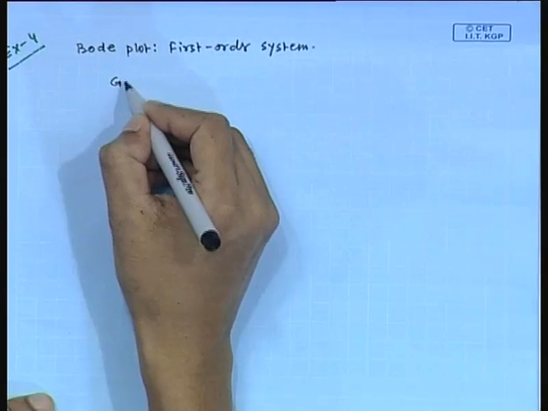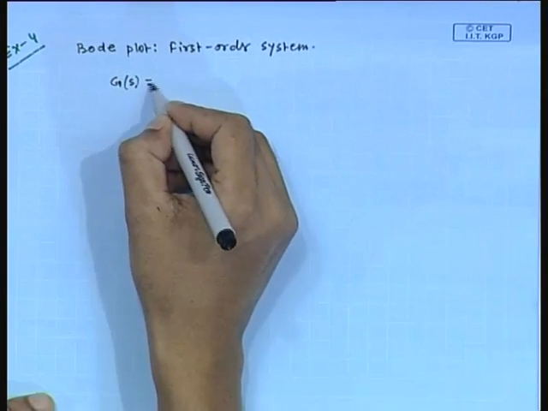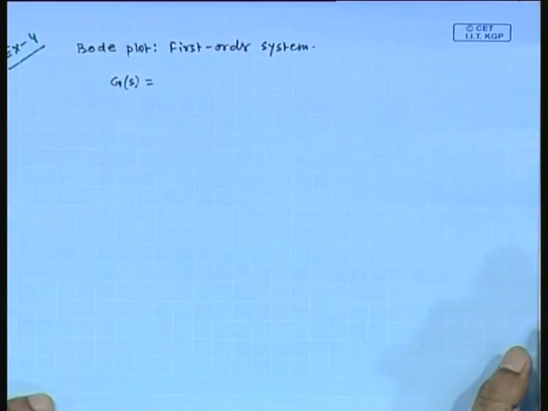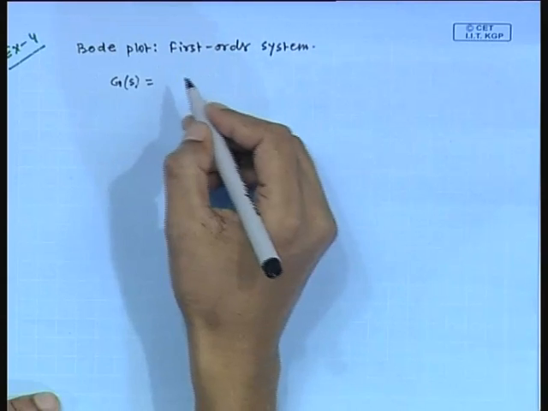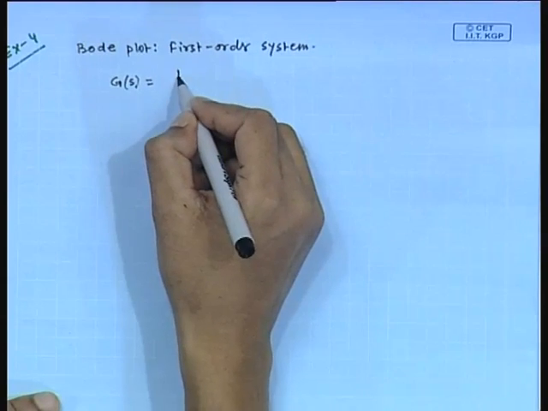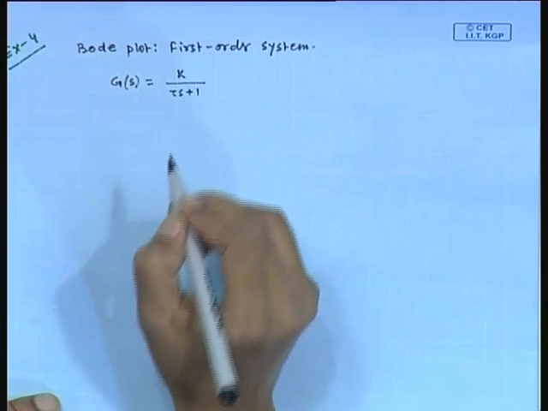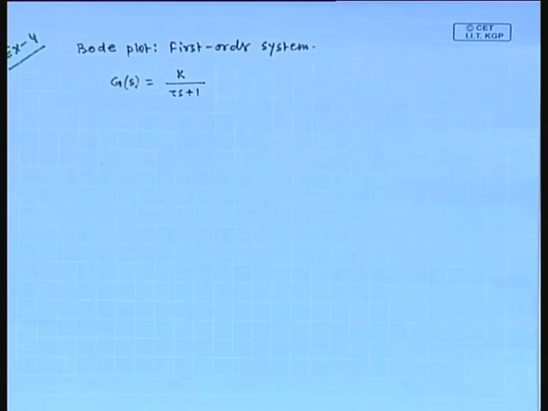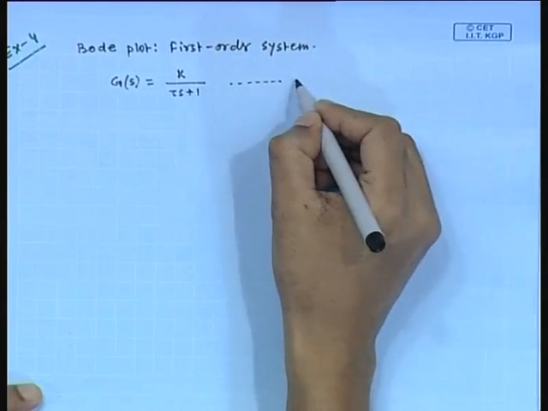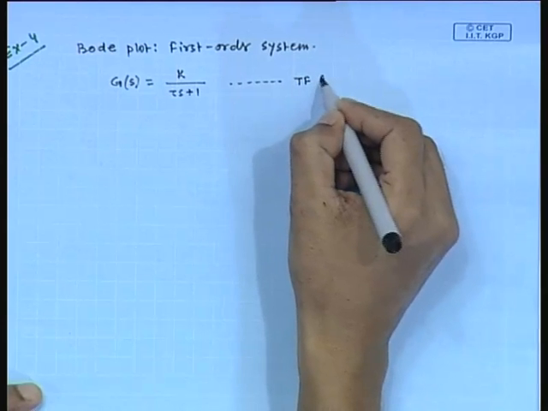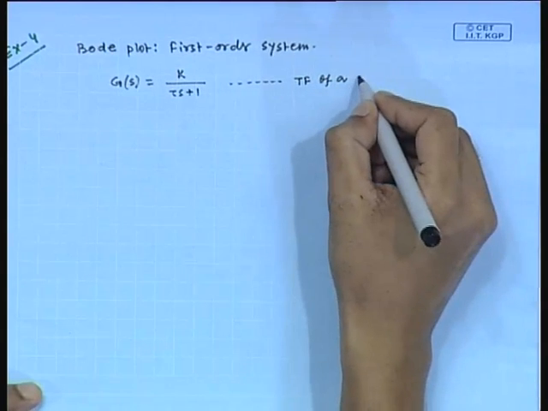The transfer function of a first order system is represented as, say, G(s) equals K divided by tau s plus 1. We are not considering here the suffix p, which we considered earlier. So, this is the transfer function of a first order system.